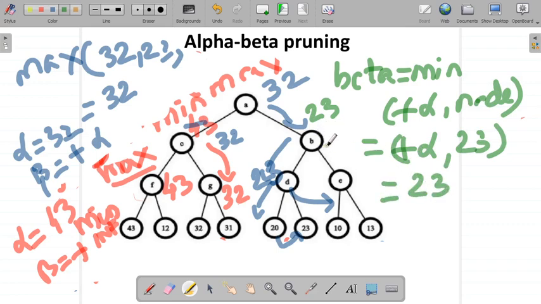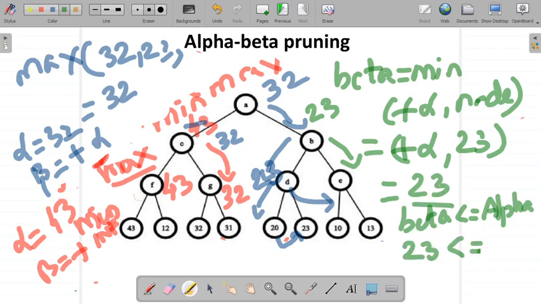Now we should check the condition for further node exploration. Beta less than or equal to alpha. So what is the beta value here? 23. Then alpha value is 32. Yes, the condition is true.